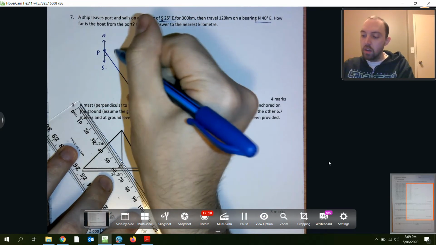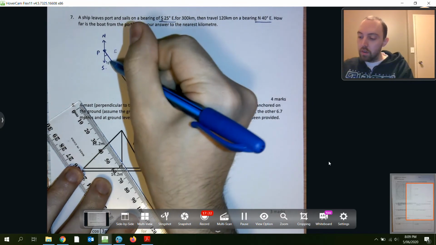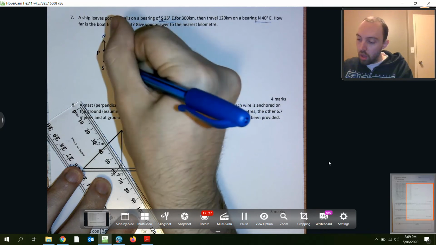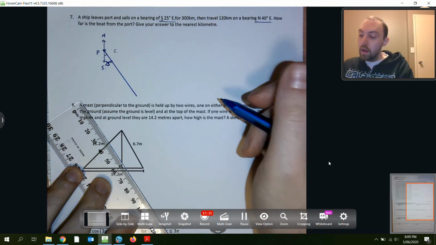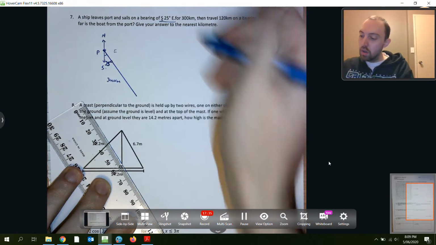East is on this side, so I'm 25 degrees in here. And then I am traveling for 300 kilometers.